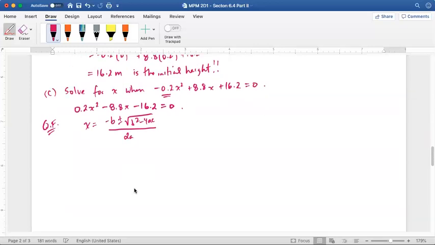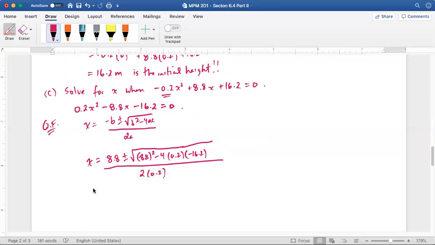So in my case, x is going to be negative 8.8, which becomes positive 8.8, plus or minus the square root of negative 8.8 squared minus 4 times a, which is 0.2, times c, which is negative 16.2, all over 2 times 0.2.